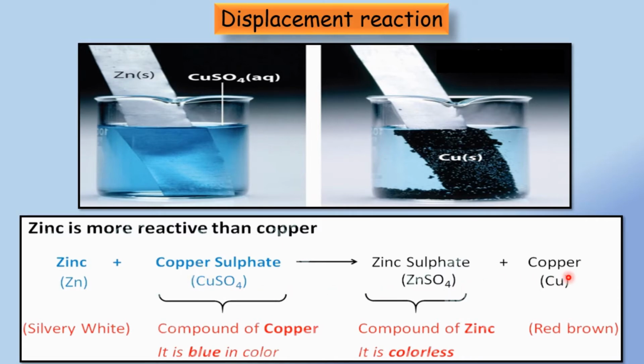It means that Zn displaces copper from CuSO4. As zinc is more reactive than copper, zinc displaces copper from its solution. Such reactions are called displacement reactions.